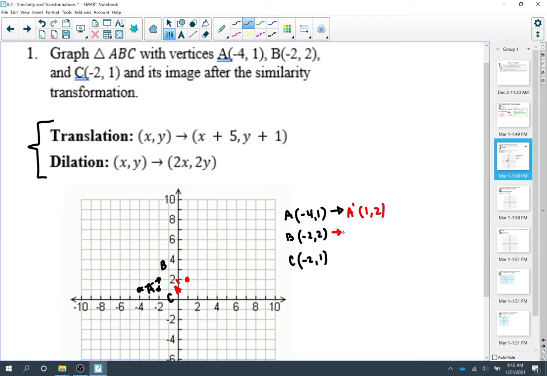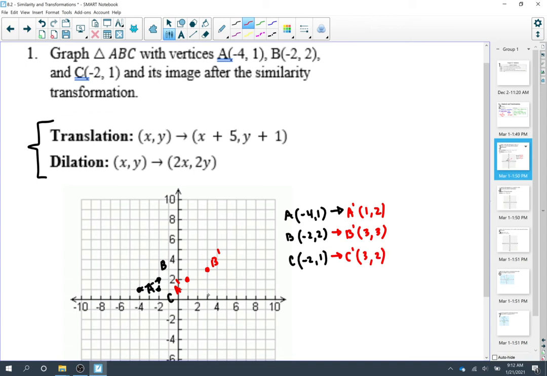Then we're going to do the same thing with B to get B prime. So I'm going to add 5, which is going to give me 3, and then add 1, which is going to give me 3. So (3, 3), which is B prime, and then C prime, we're going to add 5, which is going to give us 3, and then add 1, 2.